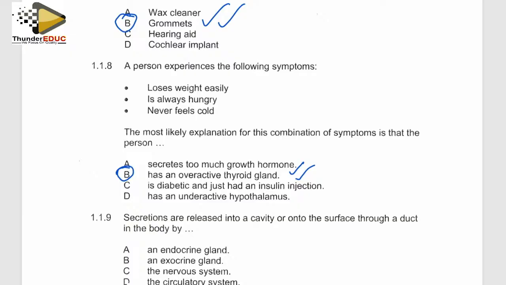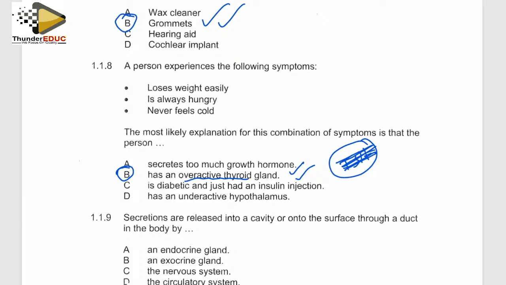Why? Because if you have an overactive thyroid gland, you're going to produce TSH, and TSH is responsible for metabolic reaction. You understand? Did I say TSH? You're going to produce thyroxine, and thyroxine is responsible for metabolic reaction.